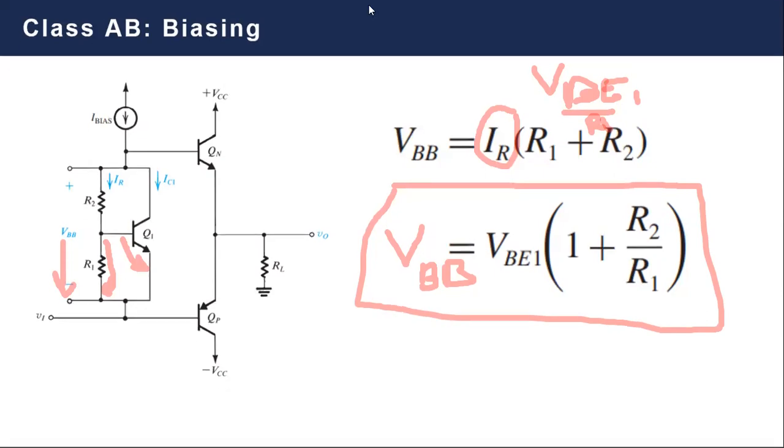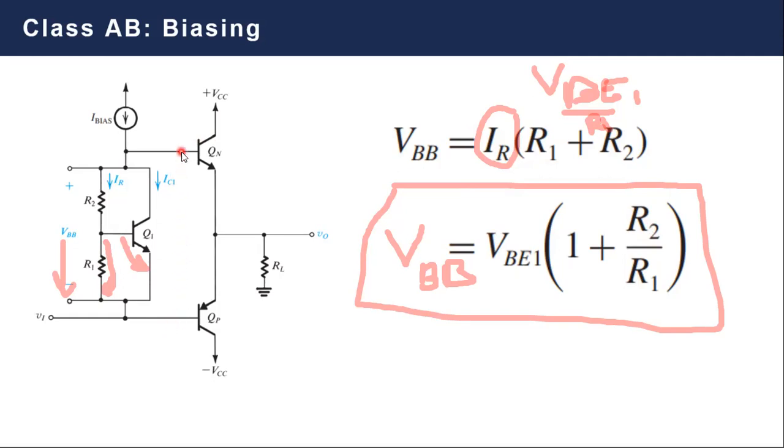A second advantage is your VBB voltage, your base-to-base voltage, is now an adjustable voltage. So you can adjust R2 and R1, or you can simply make R2 a variable resistance to tune the base-to-base voltage here.